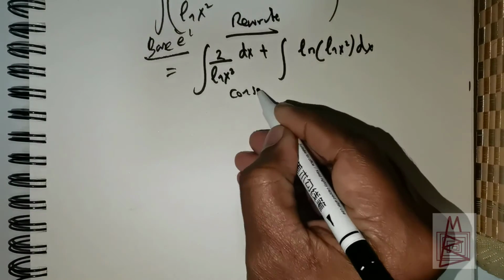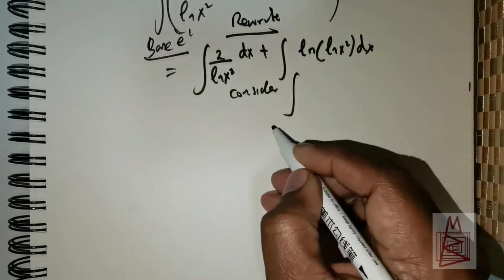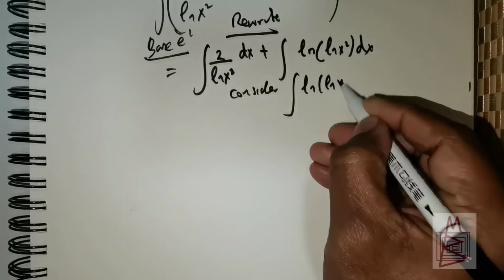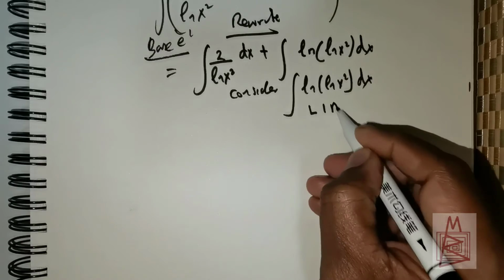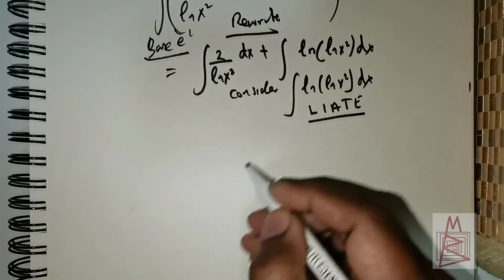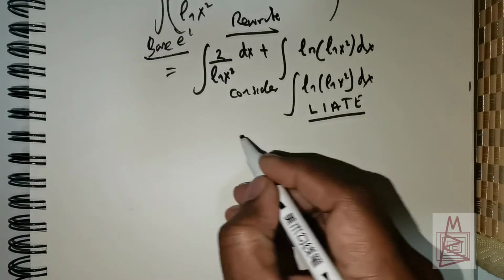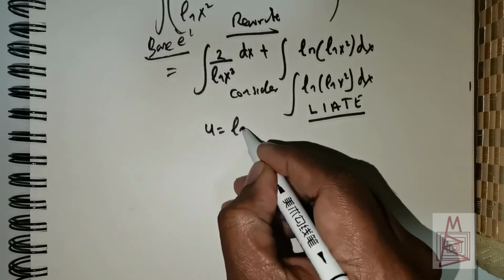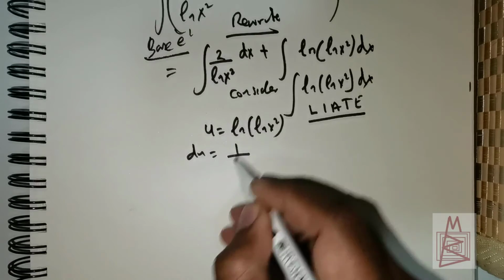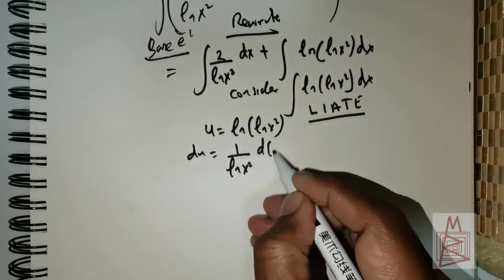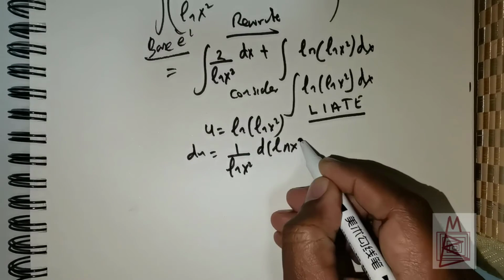Next, I would consider integral ln of ln x squared times dx. I will be using the ILATE rule, integrating by parts. So that would mean I would take u to be ln of ln x squared. My du is going to be 1 over ln x squared times differentiation of ln x squared.